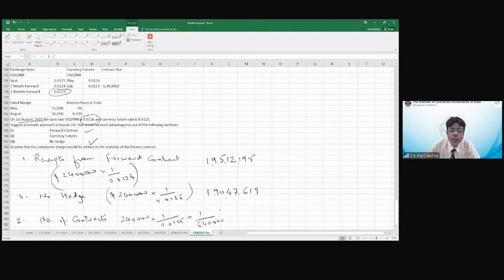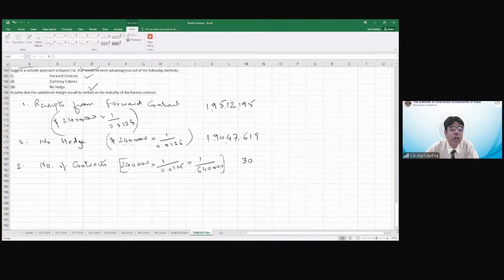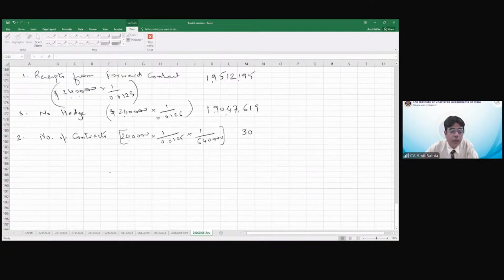I hope you understand why 6,40,000: that is the size of the contract. When I multiply 2,40,000 by 1 upon 0.0125, I get the value in INR terms, and I divide by 6,40,000 to get the contracts. Now remember, contracts are not divisible. I get the exact number, 30. So I get 30 contracts.